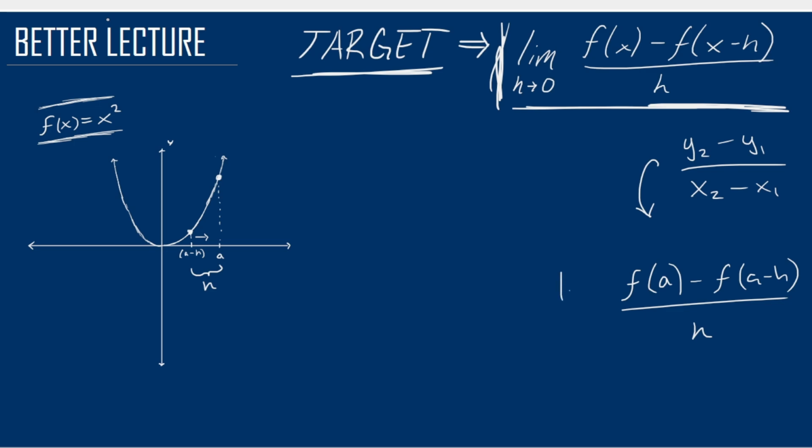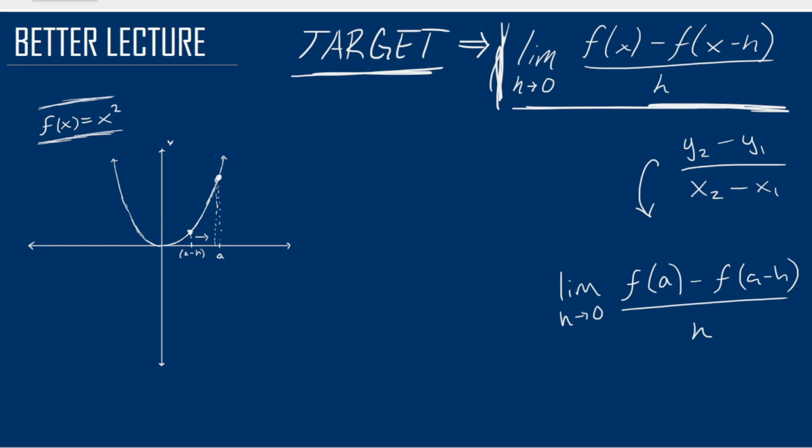So if you know a little bit of limits, if we have h head as close as it can get to 0, then our points are going to be right on each other to the point where they are on each other. So that's what h is doing here.